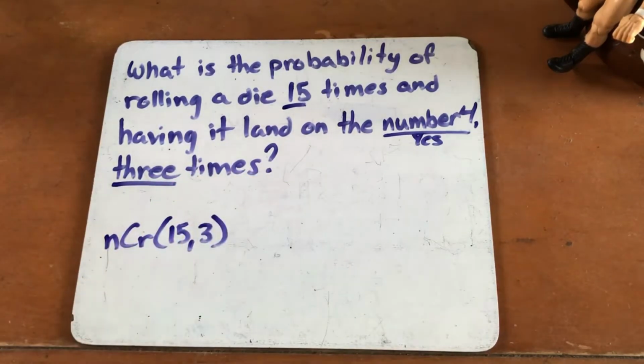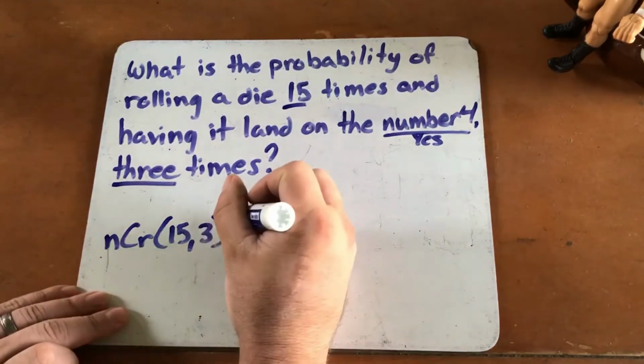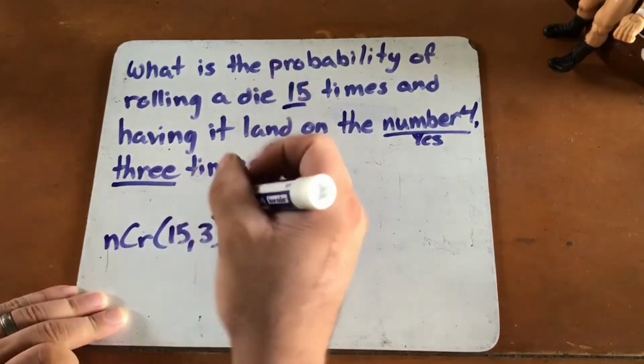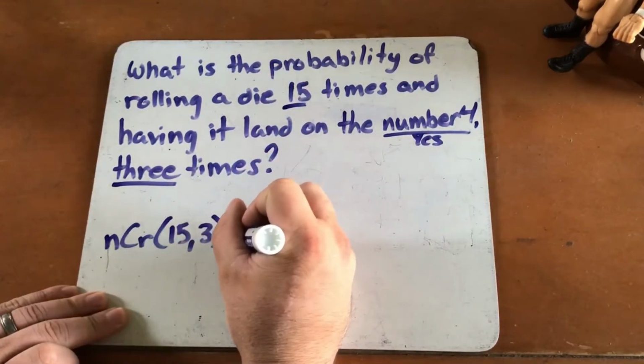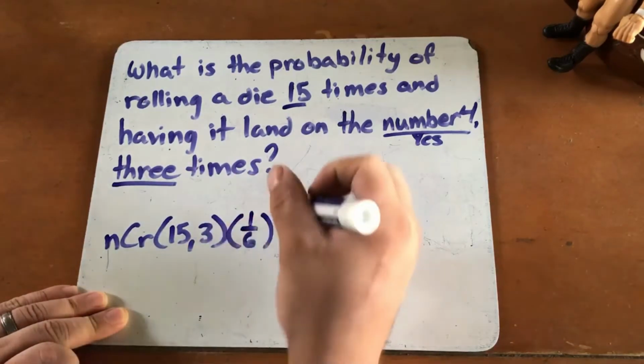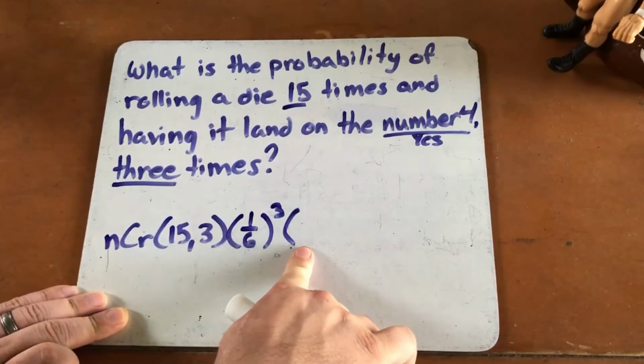This is the way it looks when I type it in Desmos. I just go to function, stat, nCr, big number first, small number second. This times the probability of rolling a 4, which is 1 out of 6. How many 4s am I trying to roll? 3. This is the probability of not rolling a 4.